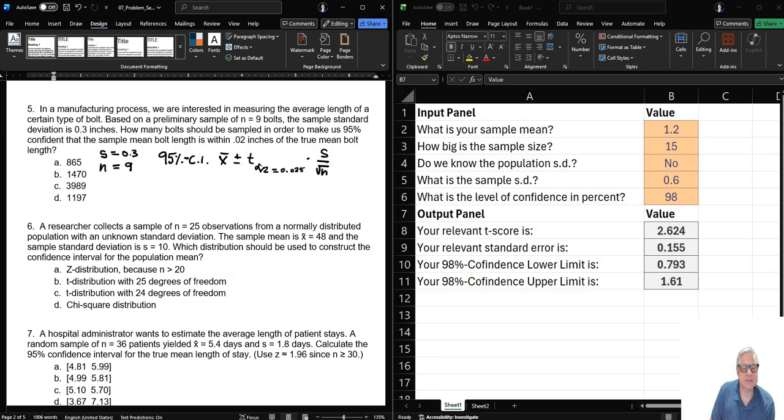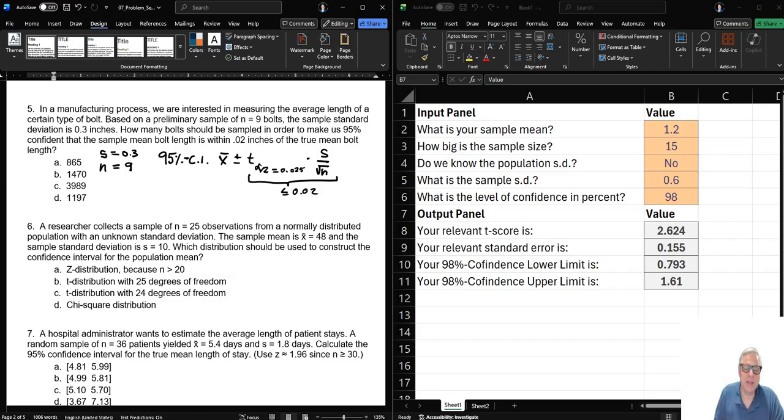So in this example, the mean is actually irrelevant. What we want is that this range, this plus minus, is within 0.02. So this entire term should be less than or equal to 0.02 inches. So this is what it means.